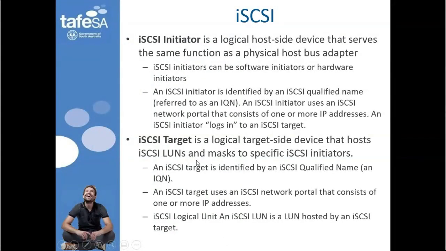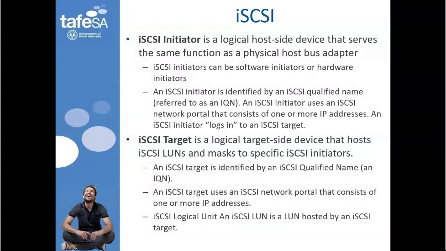The iSCSI target is a logical target side device. So it's on the server, on the storage area network, or in our case, a shared storage server. iSCSI LUNs, remember LUN stands for logical unit numbers. These are basically as if they're hard drives for our hosts over the network, and masked to specific iSCSI initiators.